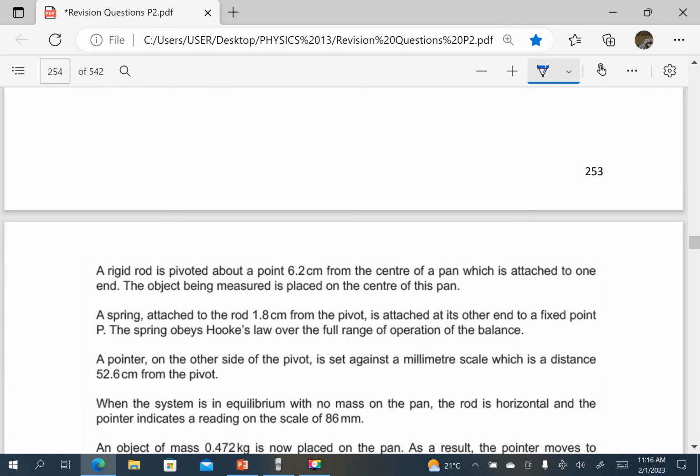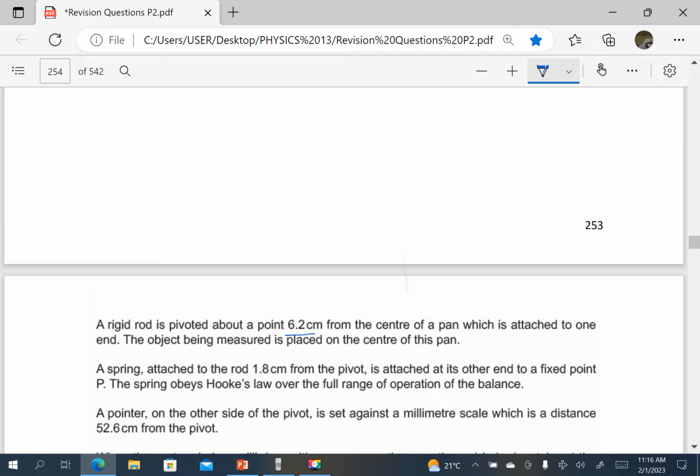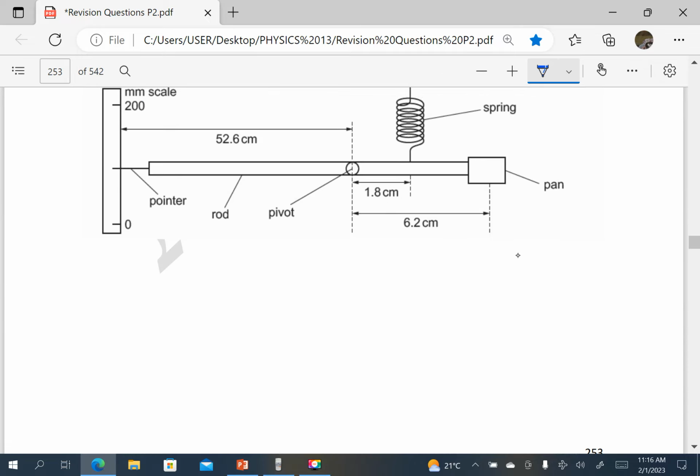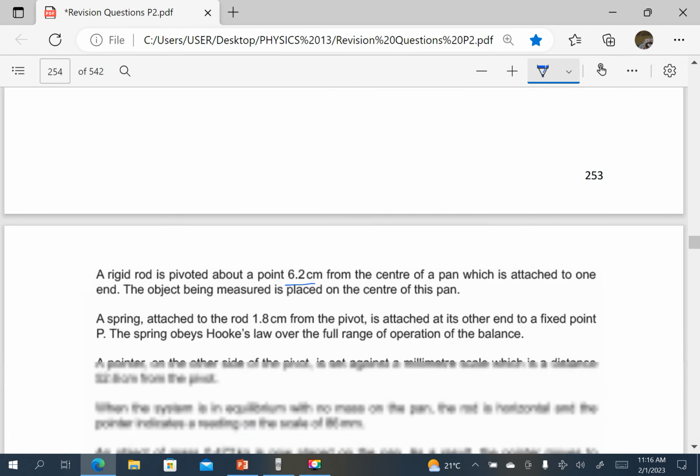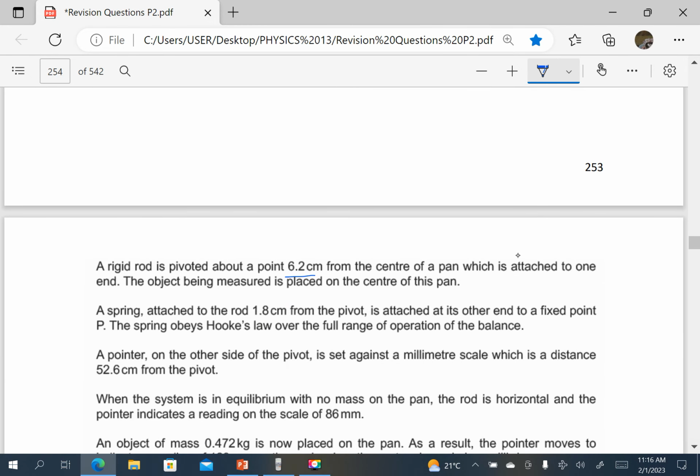So a rigid rod is pivoted about a point 2.6 centimeters from the center of a pan, which is attached to one end. The object being measured is placed on the center of this pan, as you can see in the diagram. A spring attached to the rod 1.8 centimeters from the pivot is attached at its other end to a fixed point P. The spring obeys Hooke's law.